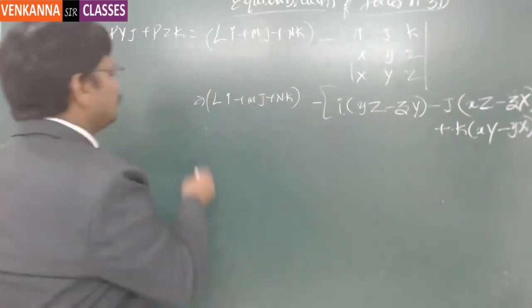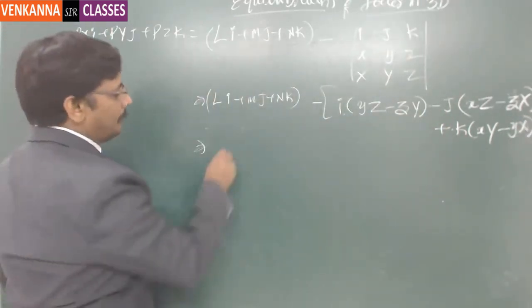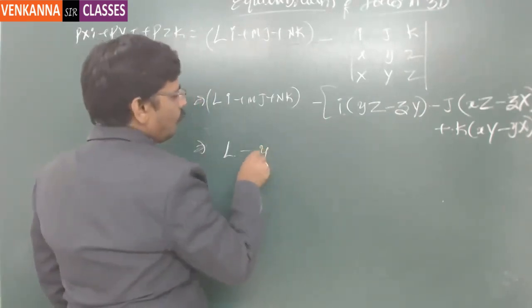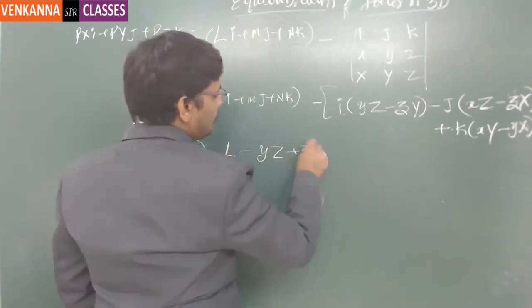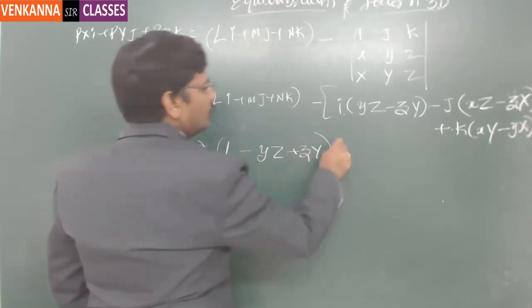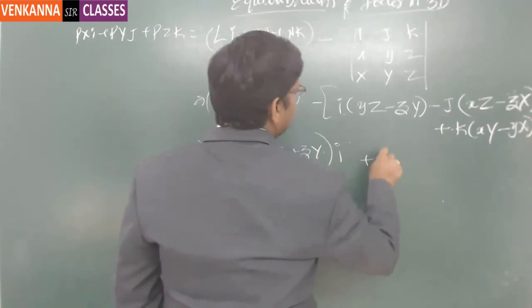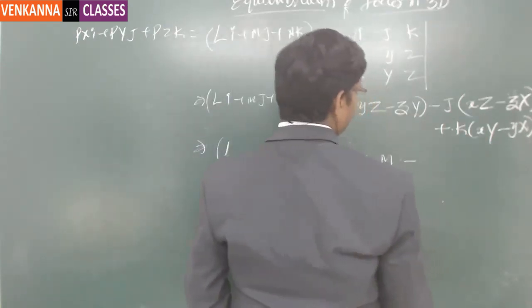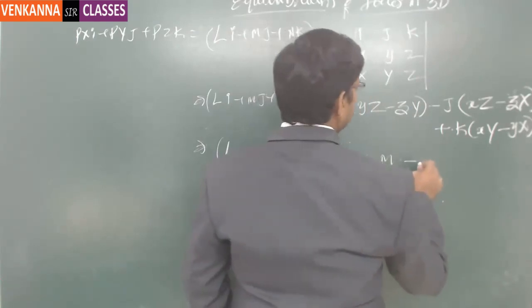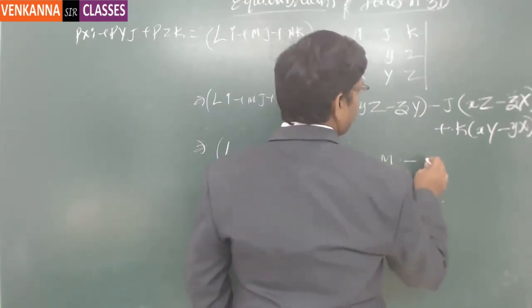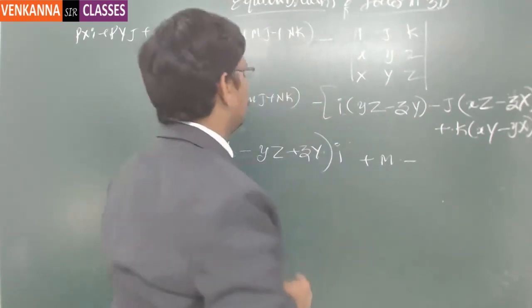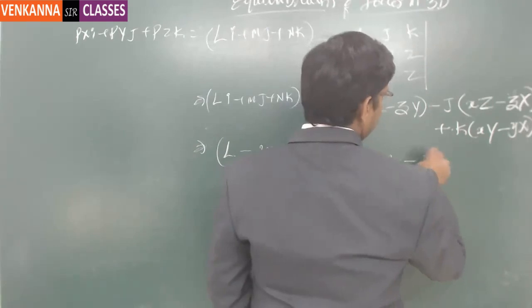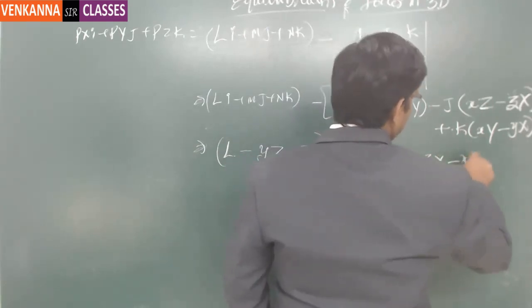So if I separate this into the components of i, j, k, this can be i times L minus (yZ minus zY), plus j times M minus, and so this is minus, if you multiply this, (zX minus xZ).